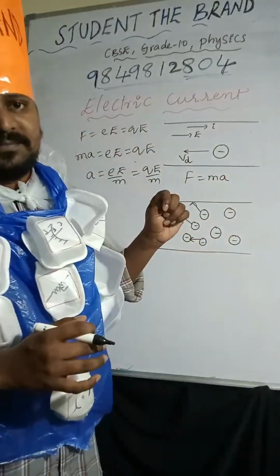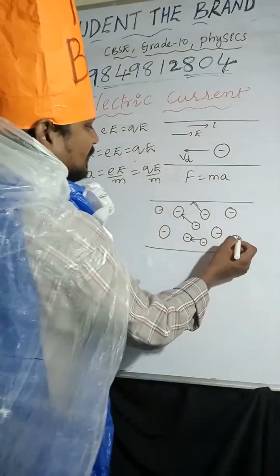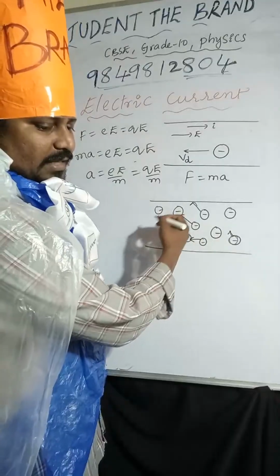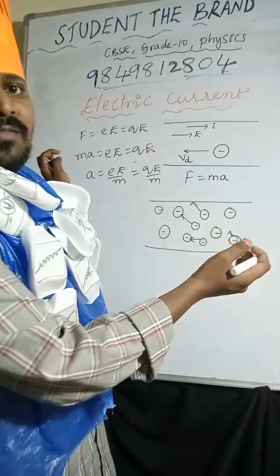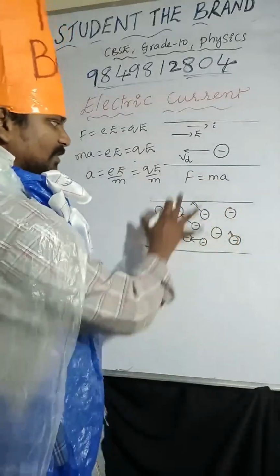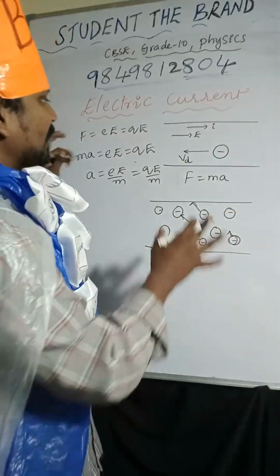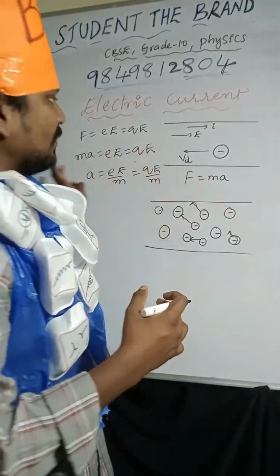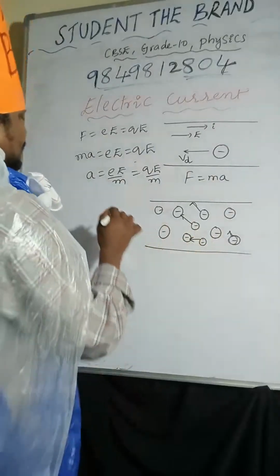So the average velocity of an electron is called drift velocity. I hope it is very clear.